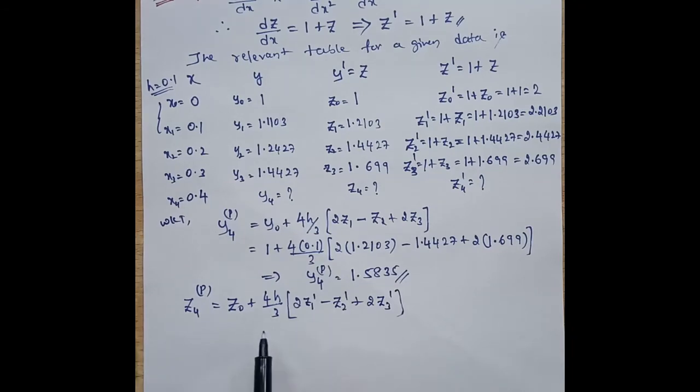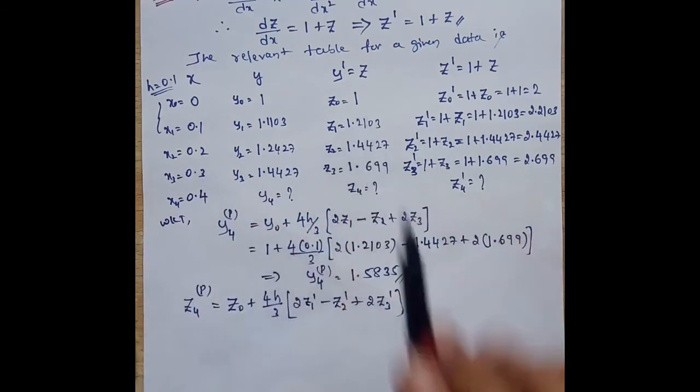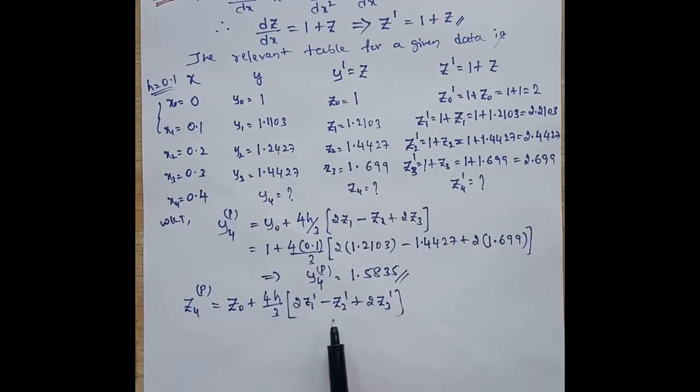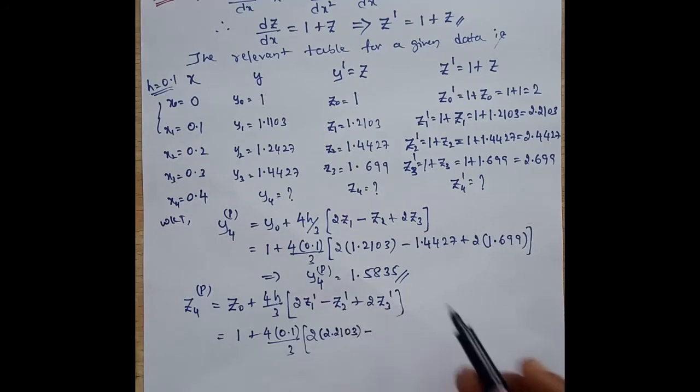Now you know all the values, right? Z0 is given in the problem. H is already calculated. Z1 dash, Z2 dash, Z3 dash, you can find out from the table. Just substitute here. This is equal to Z0. What is Z0? 1 plus 4 into H. What is the step length H? 0.1, divided by 3, into 2 into Z1 dash. So Z1 dash is 2.2103 minus Z2 dash.